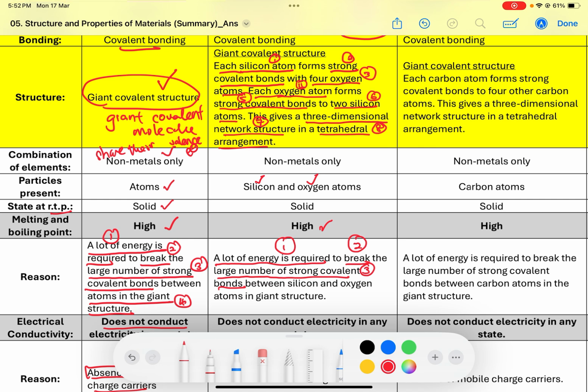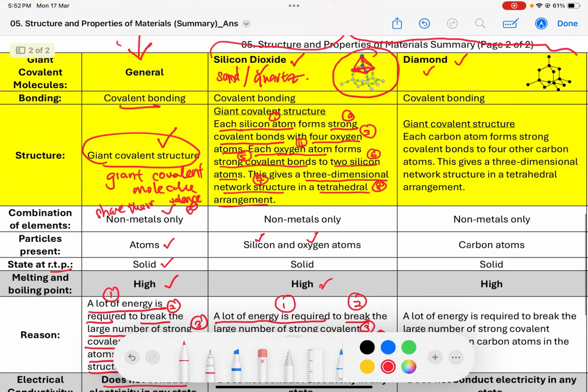In the general case, we say it's between atoms in the giant structure. In this case, for silicon dioxide, we know what the atoms are, so we need to be very specific here. It's between the silicon and oxygen atoms in the giant structure.